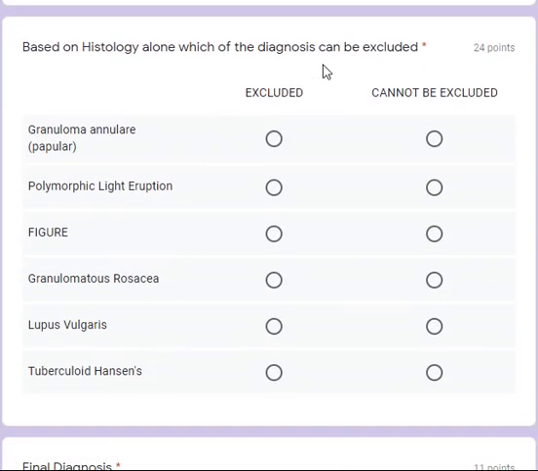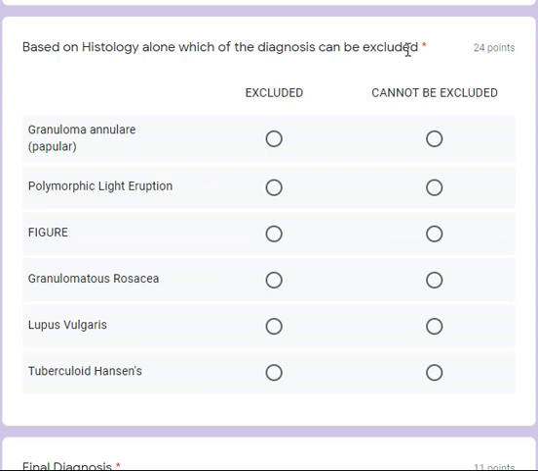So based on histology alone, which of the diagnoses can be excluded? Before we even discuss, let me reiterate that the four entities, granulomatous rosacea, perioral dermatitis, LMDF, and FIGURE, are all part of the same spectrum. To me, there is no real major value in differentiating between them, especially histologically, because they all appear similar.